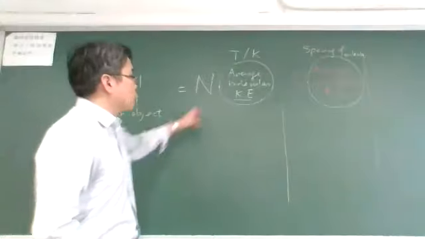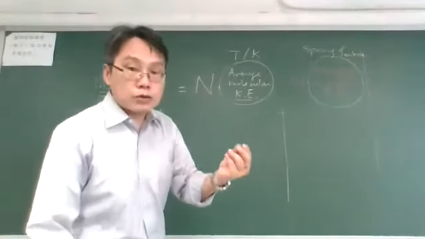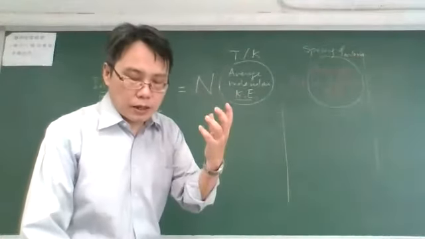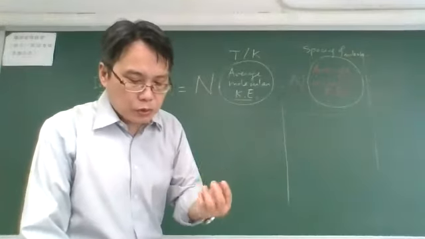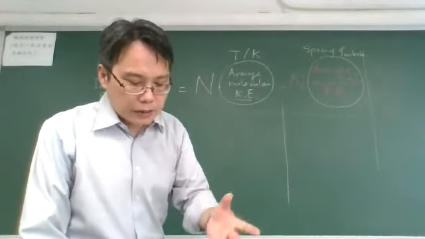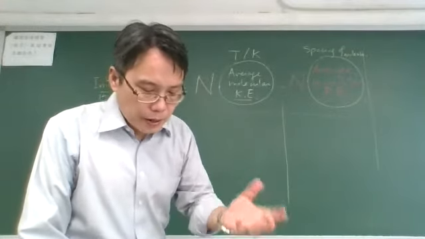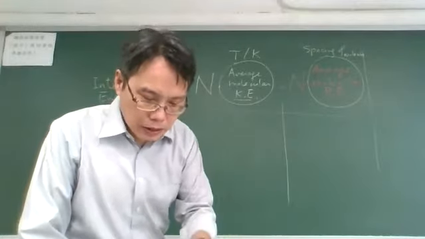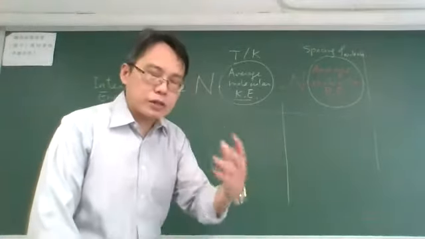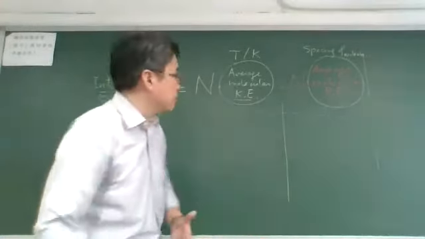From the molecules' point of view, the larger the speed, the larger the kinetic energy. So the first idea for the average molecular KE from the microscopic point of view is the speed of each molecule.